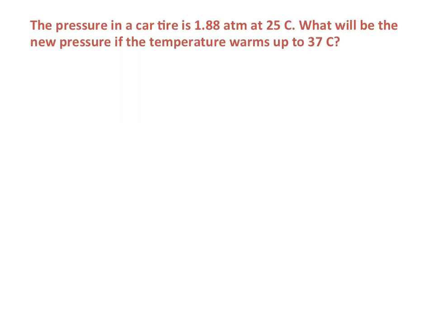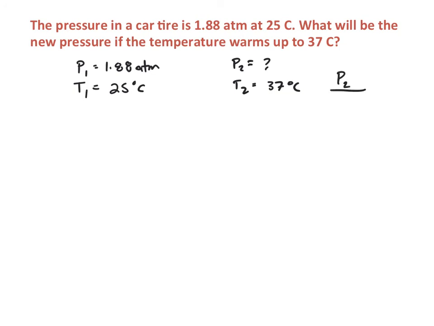The last problem we're going to be looking at here, they told us we have a car tire that has a pressure of 1.88 atm and a temperature of 25 degrees C, and they want to know what the pressure in the tire will be at a new temperature, which is 37 degrees C. We're going to utilize this equation because they've mentioned nothing about volume, so we're going to assume that the volume is constant.